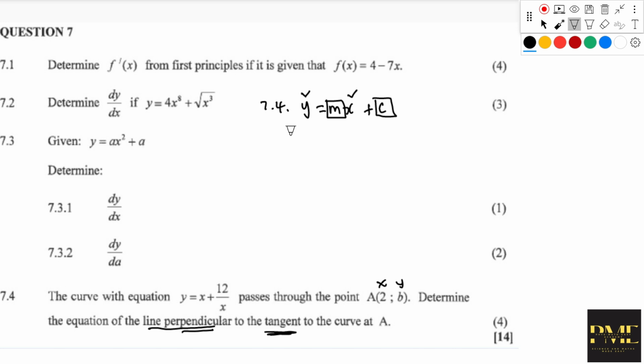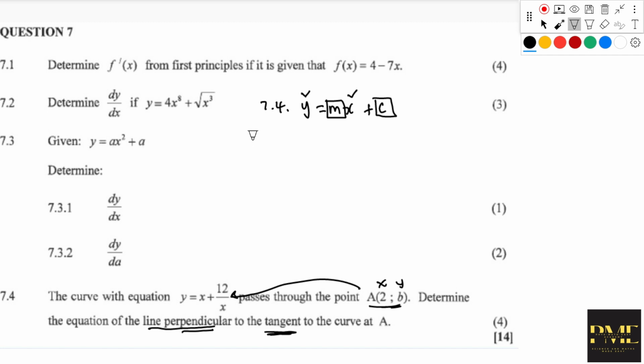Kusho ukuthini ke lokho na? Kusho ukuthi sine point elu A elitholakala kule curve le. So it means singayithola i-gradient of a tangent to this curve. Ithola kanjani na? Ngokuthi senze i-derivative, bese si equate ne-gradient, because siyazi ukuthi i-derivative ihlezi ilingana ne-gradient when it comes to our functions.